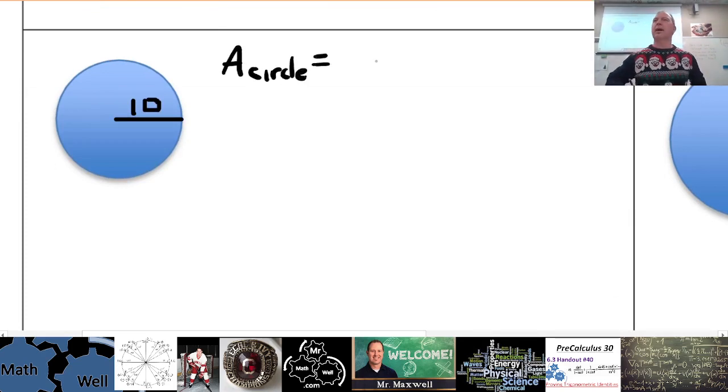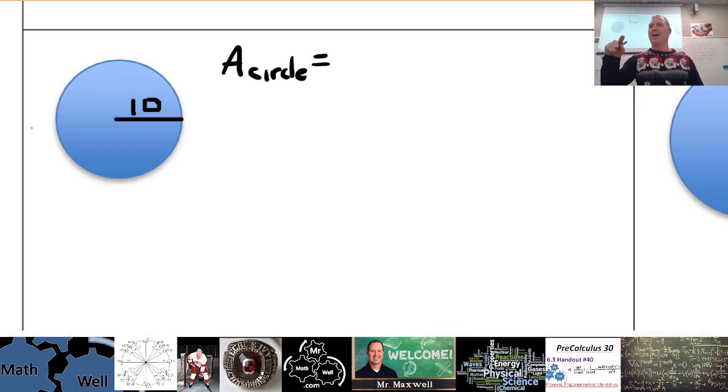Who remembers that? Diameter times pi. Not quite. That is not the area formula. That actually is the circumference formula, so you're very close. Anybody want to adjust that? Radius times pi? Not quite, but you're getting very, very close.